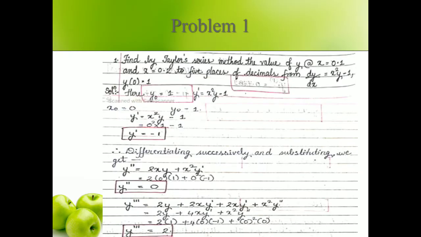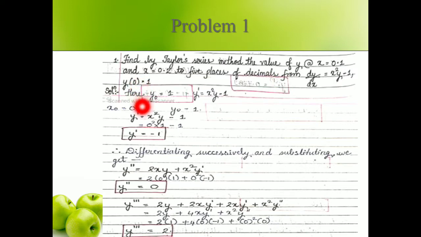So we'll go to the problem, that is problem number 1. Find by Taylor series method the value of y at x equal to 0.1 and x equal to 0.2 to 5 places of decimal from dy by dx equal to x square y minus 1, where the initial value of y of 0 equal to 1.